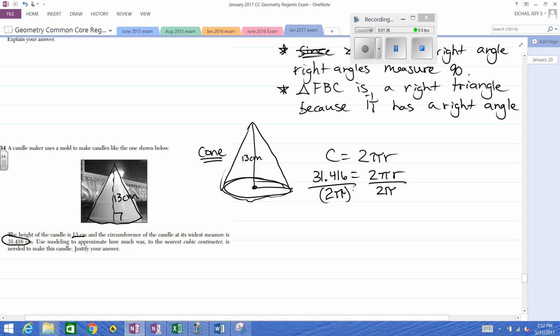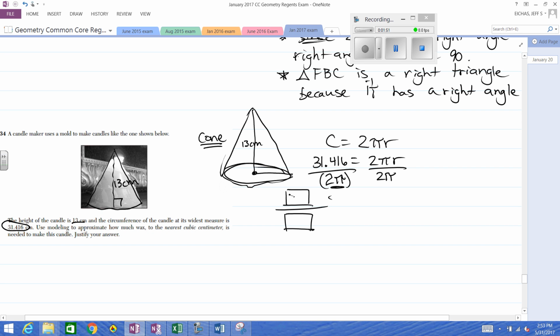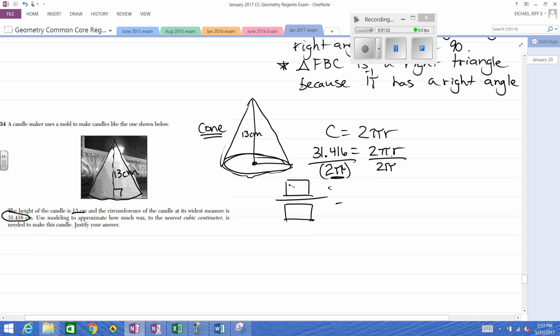Make sure you have this in parentheses, or your calculator is set where you have it like this, because those TI-Nspires, you can put this in the top, put this in the bottom, and it'll hold this together for you. Anyway, the 2 pi's will knock out, and the number that comes out should be just over 5.0. It's essentially 5.